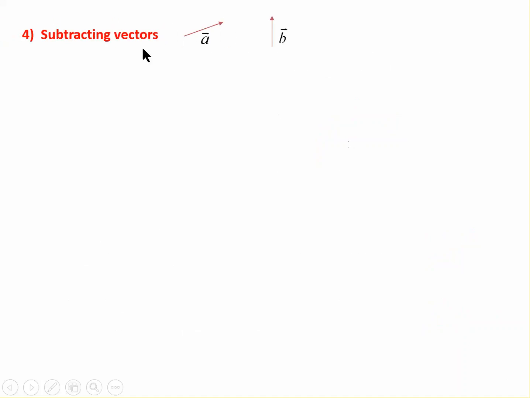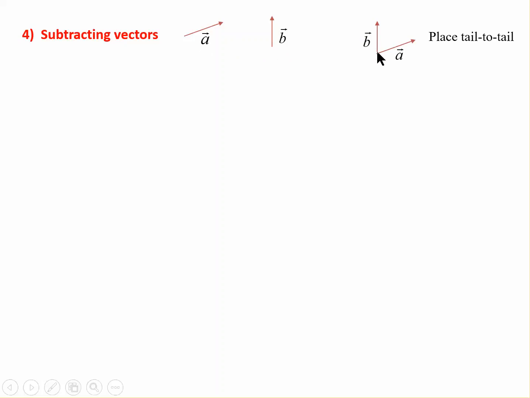And lastly, not only can we add vectors together, but we can also subtract vectors. So here's two vectors labeled A and B, and suppose I want to subtract them. Here's how we do that. We place the two vectors tail to tail. So I slide the vectors around till their tails are touching.